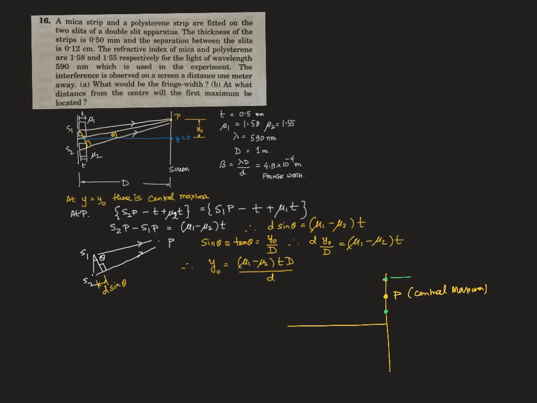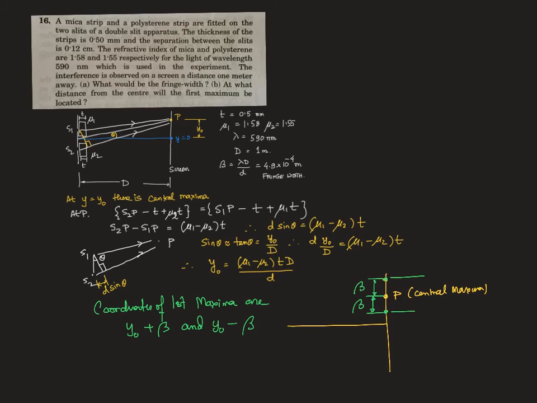So you have two first maxima at a distance of beta, where beta is the fringe width. So coordinates of first maxima are y naught plus beta and y naught minus beta.